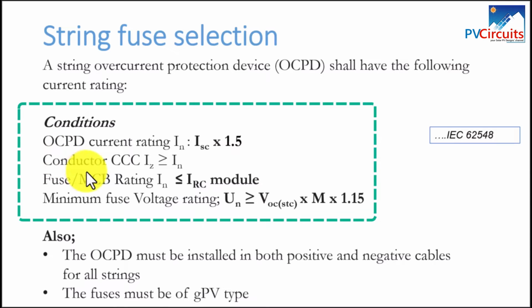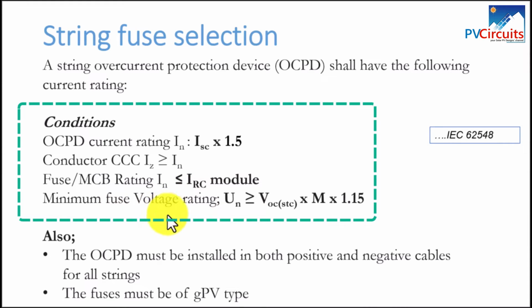The other condition is that the conductor should have a current carrying capacity greater than the rating of the device, and the current rating of the fuse or MCB should be less than the module reverse current rating.